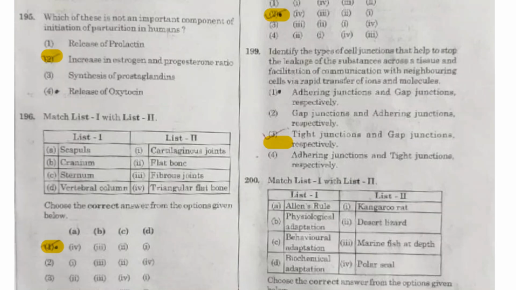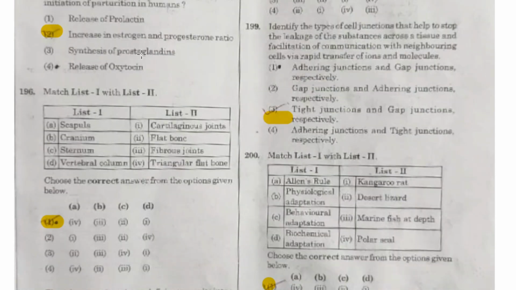Between these 2 I've just selected this option, because estrogen level and progesterone level get decreased and increased and all that happens. So I just selected this. Let us wait for the NTA result.